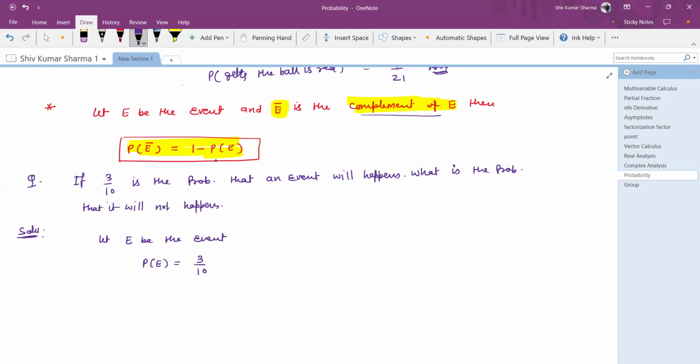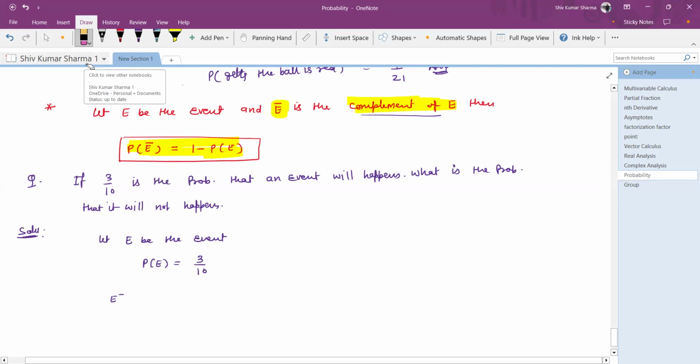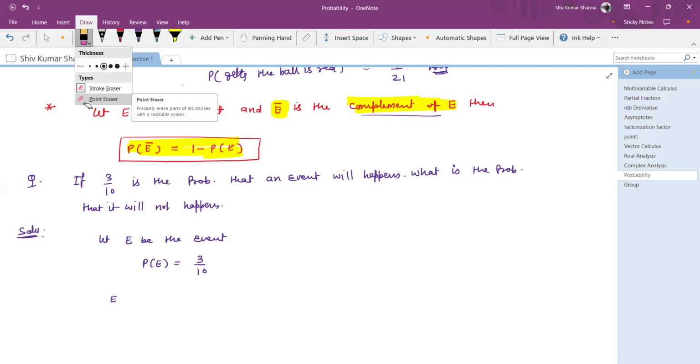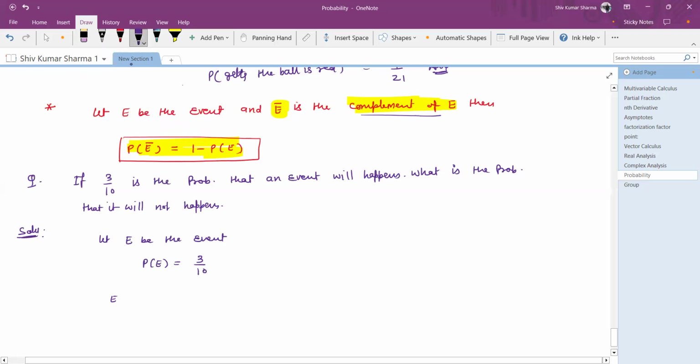So we write E bar as the event that it will not happen.